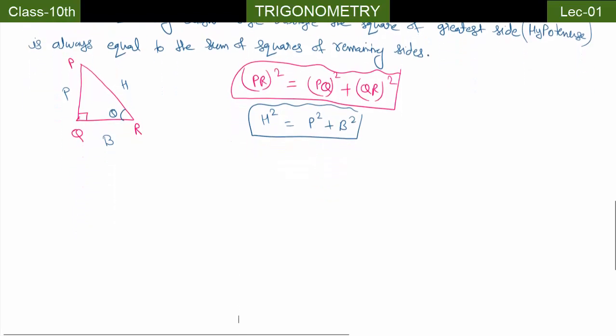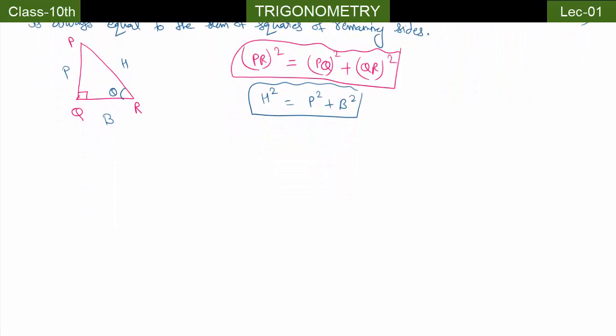Let's write the importance of this theorem.